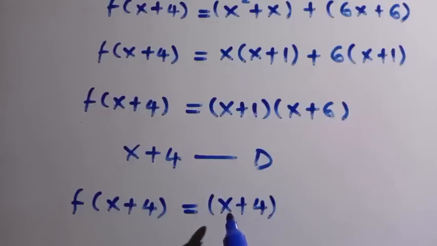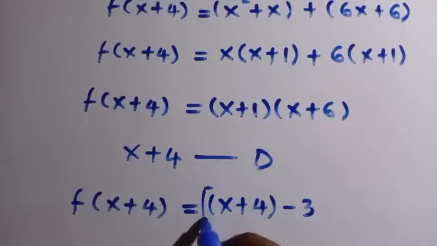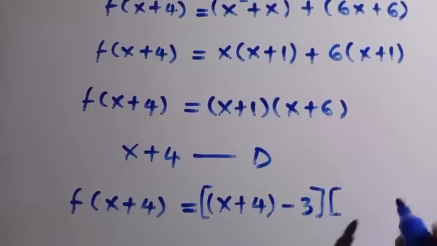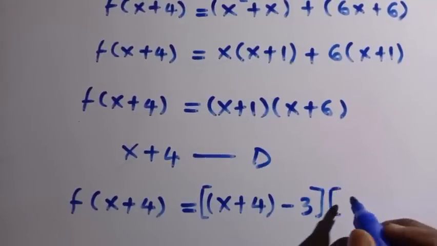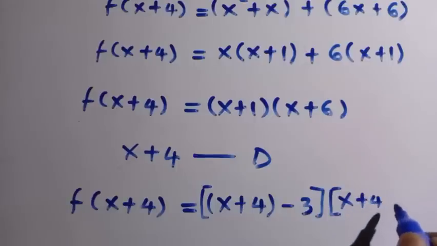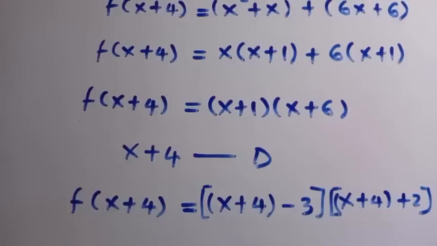Then the initial one is x plus 1. It means I'm going to subtract 3 from this. So by subtracting 3, then we put everything in bracket. And for the second one, we have x plus 6. If I take out x plus 4 from it, this means that I'm going to add 2 to this one. So by adding 2, it is still x plus 6.